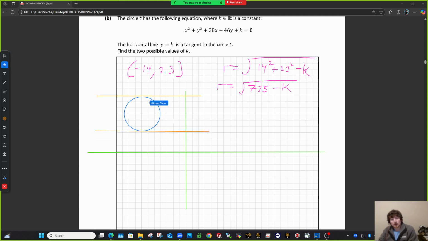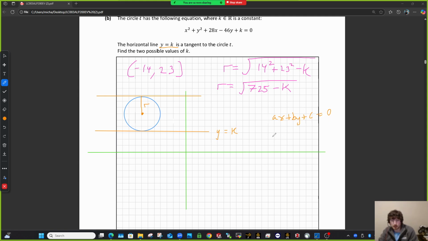Now, the easiest way to get this, there are multiple ways, is to use the perpendicular distance formula, where you set the perpendicular distance to one of these lines equal to the radius. The equation of this line is y equals k, but we'll write that in the ax plus by plus c equals 0 format.